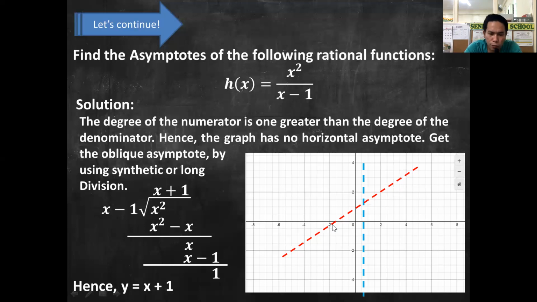So magkakaroon ka ng point dito, and then tapusin mo siya. Let's say for example, you will assign 5 values for x. Okay? 5 values for x: 1, 2, 3, 4, 5. So pag sinolve mo yon, hanapin mo yung kanyang range para may pair yung x natin, and i-graph mo siya. So again, this broken red line is an example of our oblique asymptotes, pero hindi siya ganito exactly, ha?